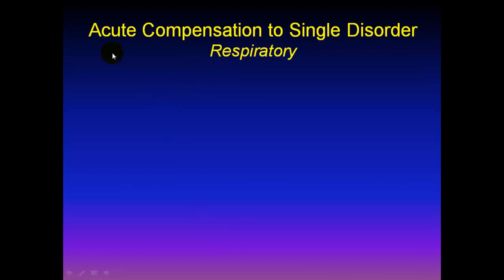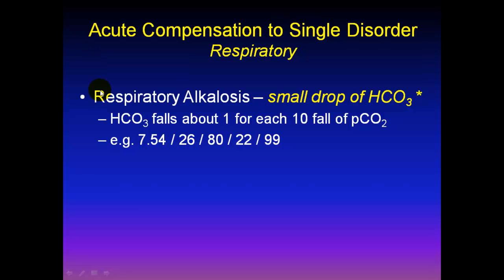So we actually now look to see how we compensate acute respiratory disorders that are single disorders. A respiratory alkalosis acutely drops the bicarb a small degree. A lot of our residents and students actually do not think there's a change of bicarb acutely, but I'll show you why this really does happen. A good rule of thumb is every time the PCO2 falls 10, the bicarb falls 1.